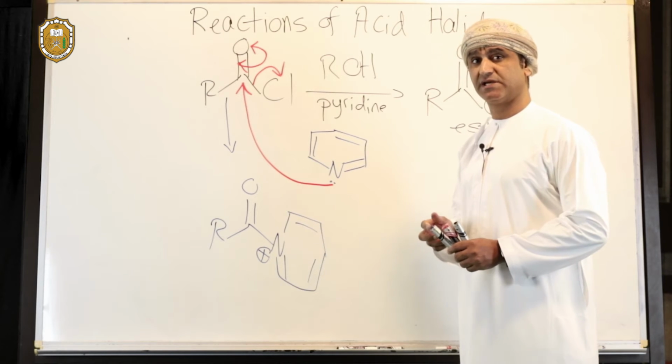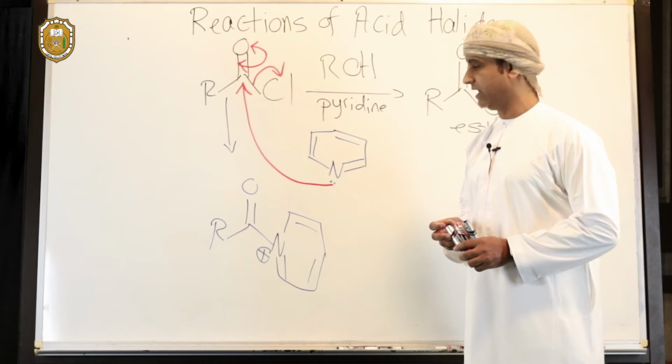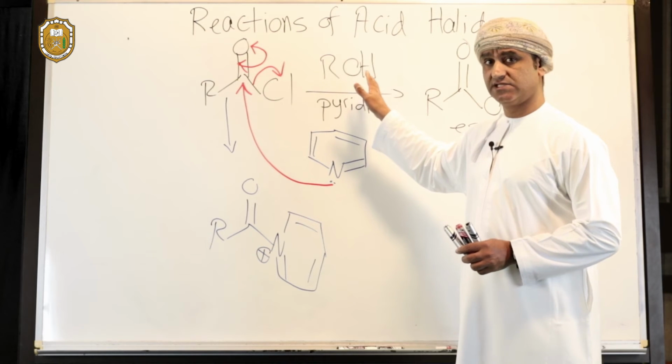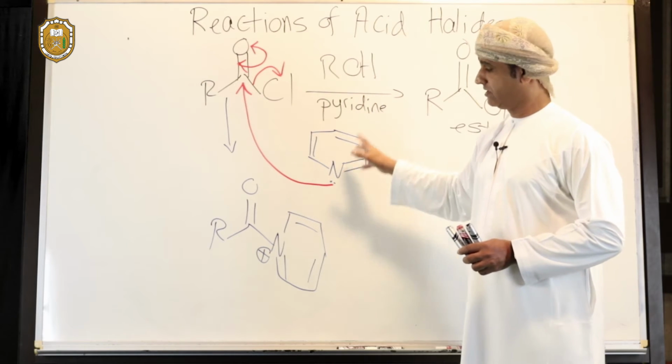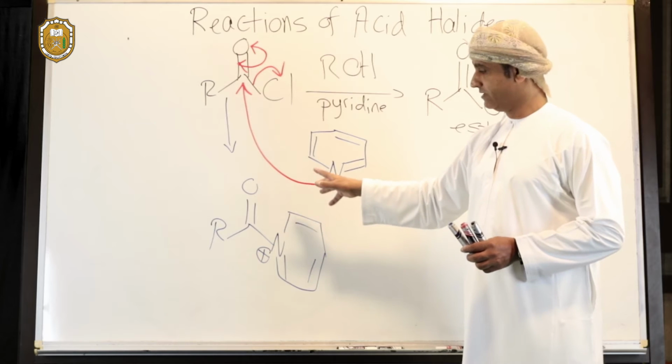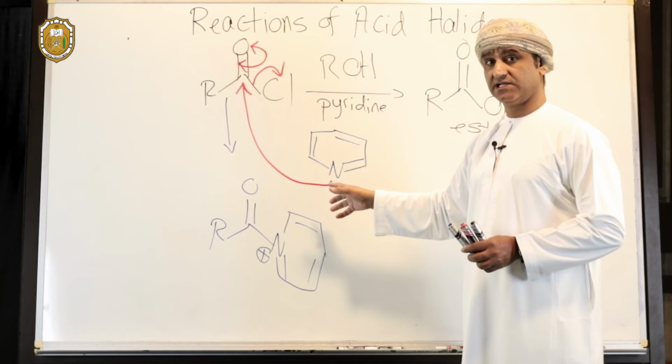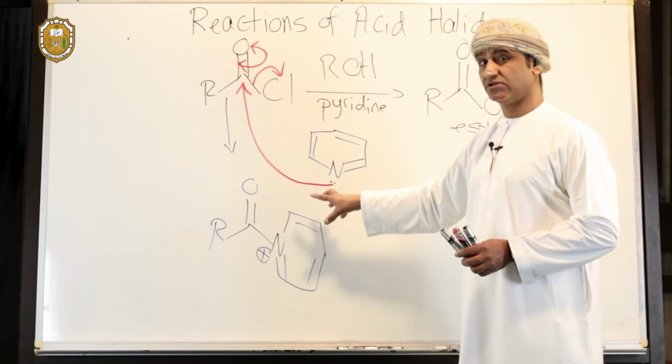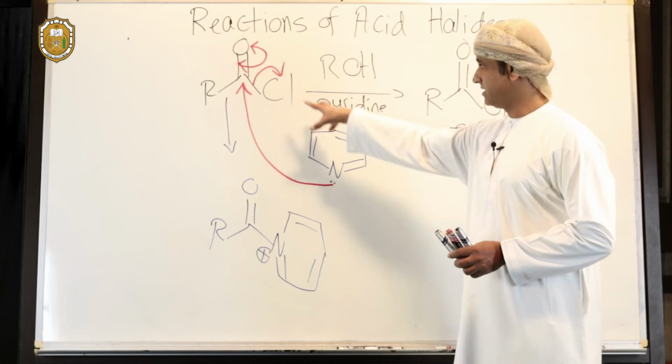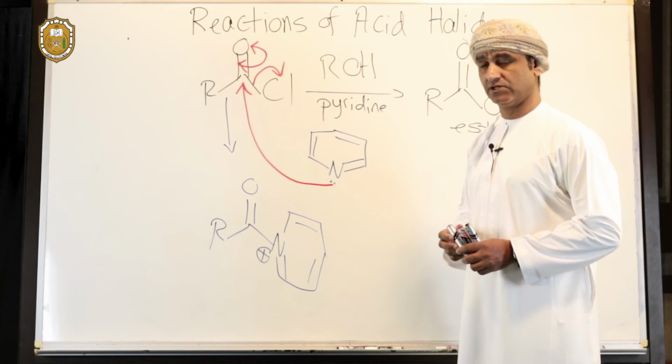It's like a pyridinium ion in a way. If you notice, the alcohol has not taken part yet. So the alcohol can now come and do a nucleophilic acyl substitution on this intermediate, which is formed as a result of the attack of pyridine on the original acid chloride.